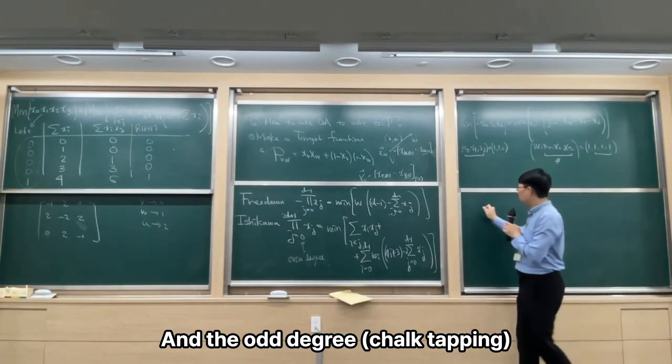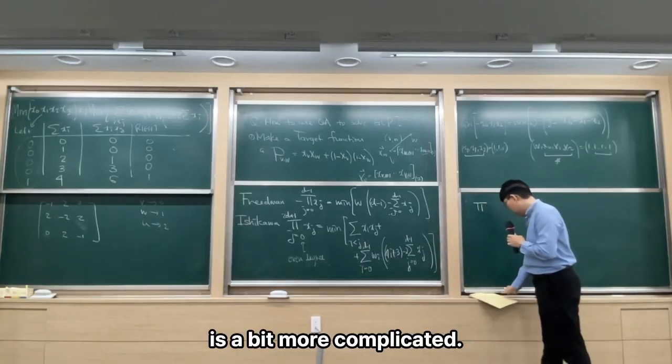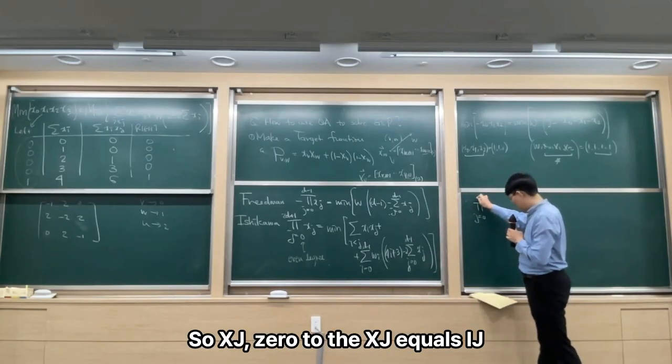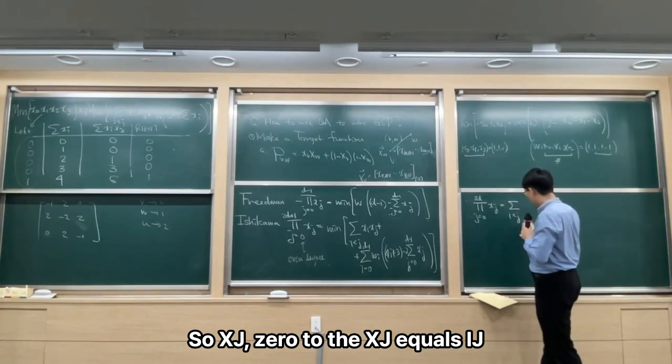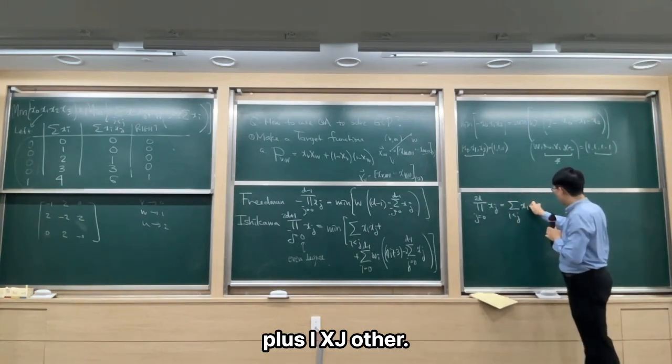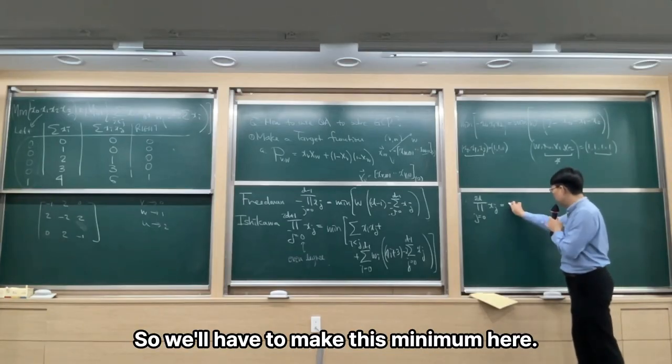And the odd degree is a bit more complicated. Sum over j from 0 to 2d of xj equal to sum over i, j of xi xj. Sorry, forgot to put minimum here.